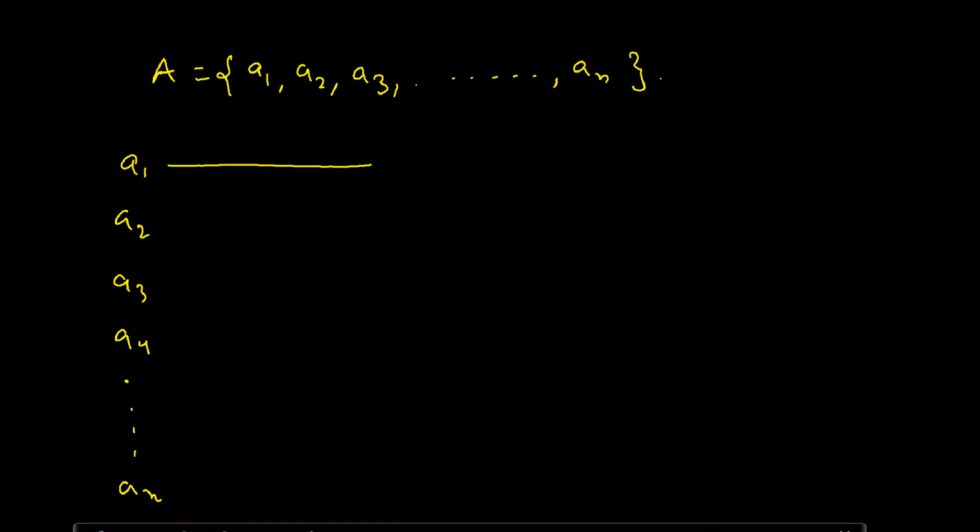So for any subset of A, A1 can be present or A1 may not be present. Okay, for any subset of A, A1 may or may not be present. So it has two choices.